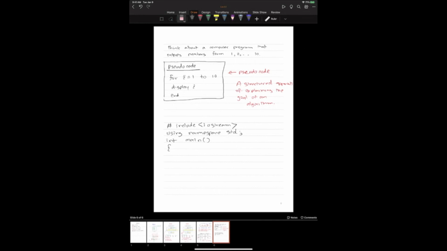In this course, if I ask you to write a pseudocode, can you write a block diagram? No, you have to write a pseudocode, because a block diagram is called a different thing.